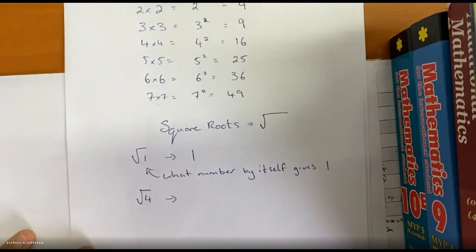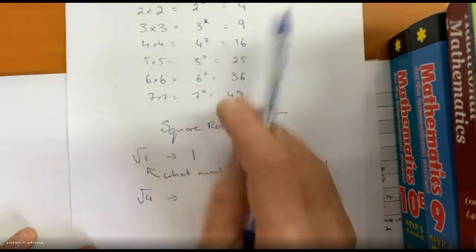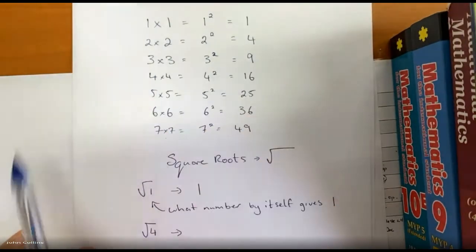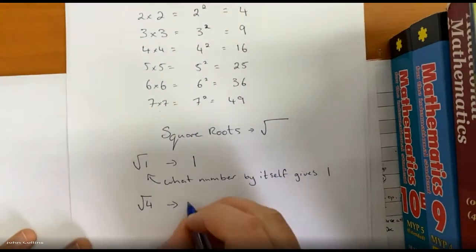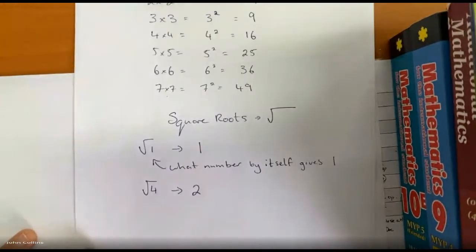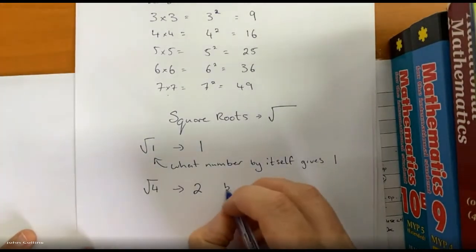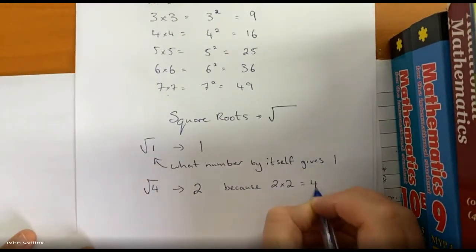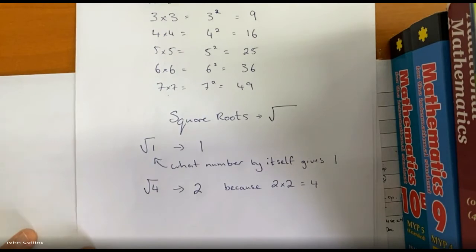What number by itself gives 4? Well, we know that, yeah, Brady. Good. Because up here we had said that 2 by itself gives 4. So working backwards, the square root of 4 is 2. So it's just reverse squaring. Okay.